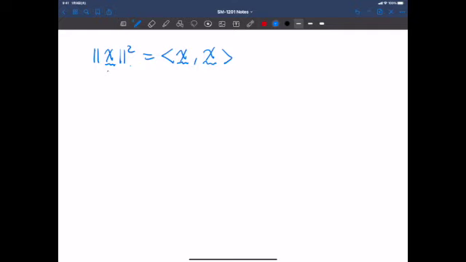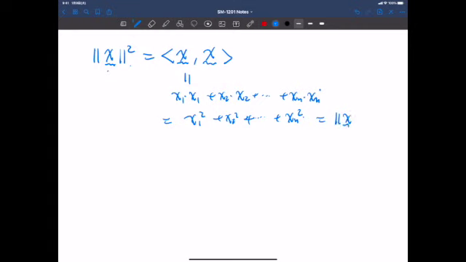This is easy to see because this right hand side is x1 times x1 plus x2 times x2 and so on, xn times xn. So that is x1 squared plus x2 squared and so on plus xn squared, which is the square of the modulus of x by definition.